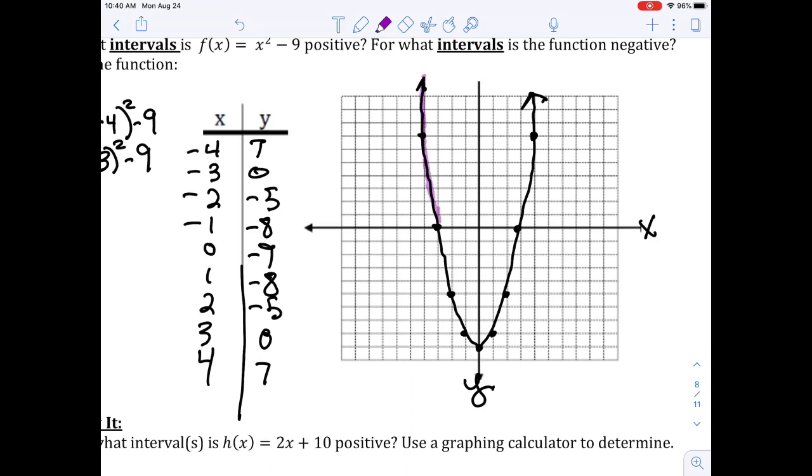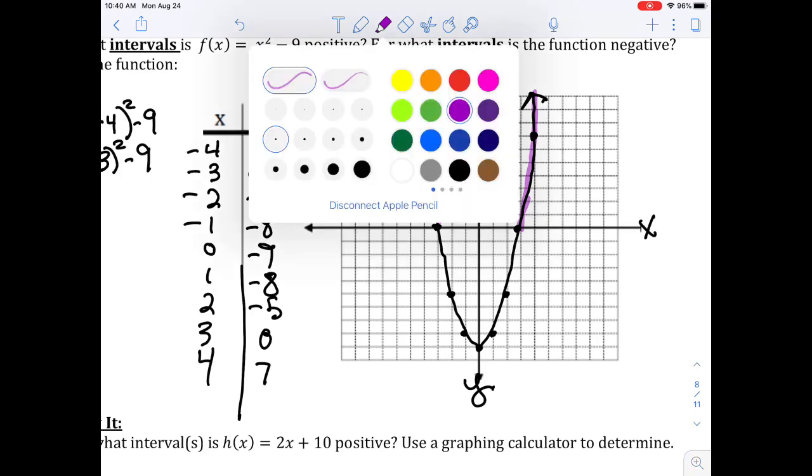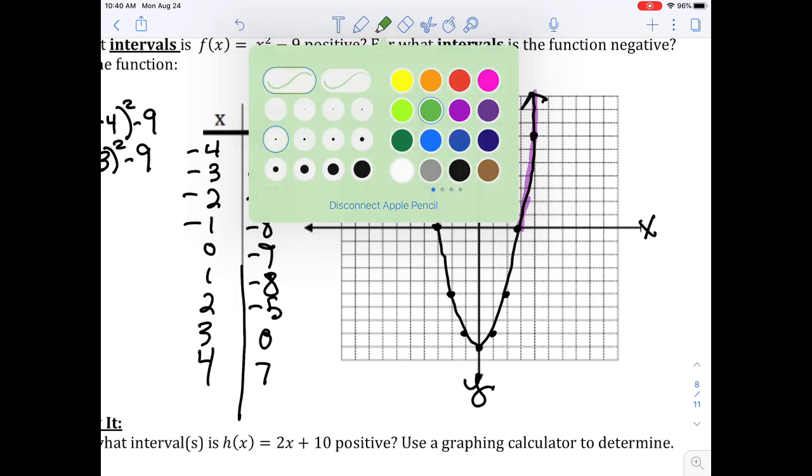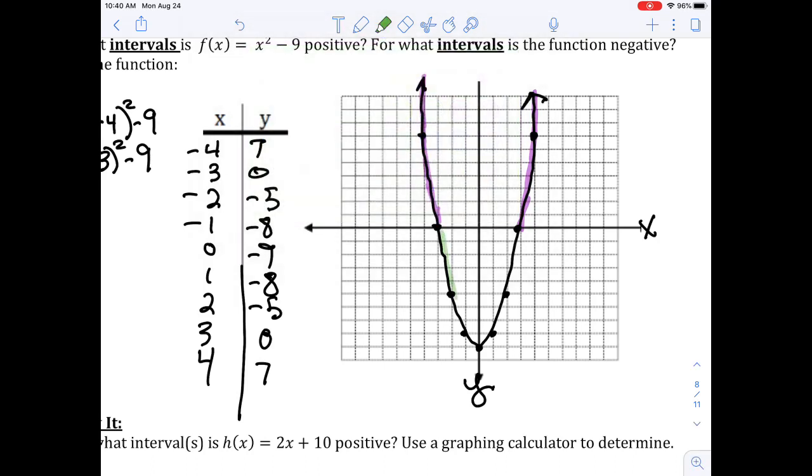All right, so I'm going to shade this part purple, and I would describe that as the area or the section of the graph that sits above the x-axis. The other part, I'm going to shade green, and that's the area of the graph that sits below the x-axis.